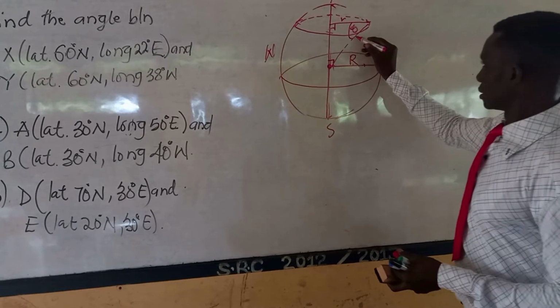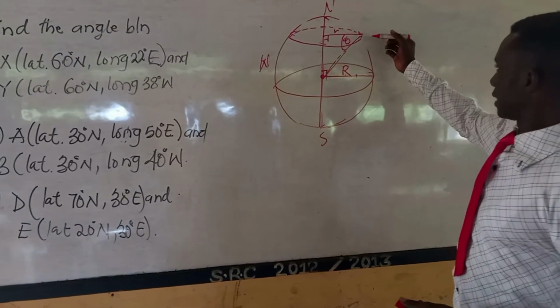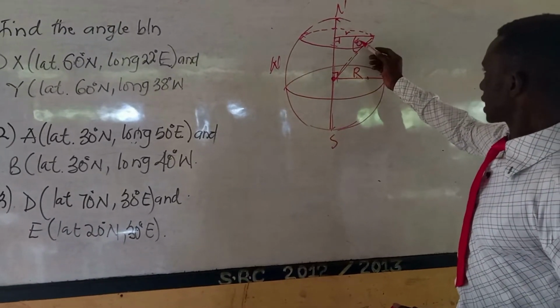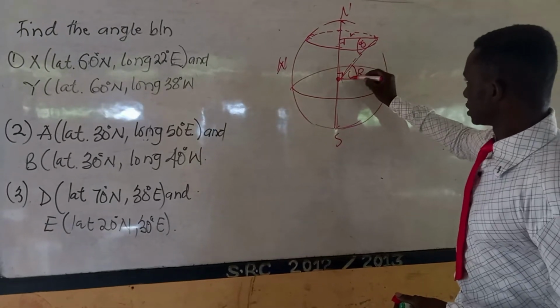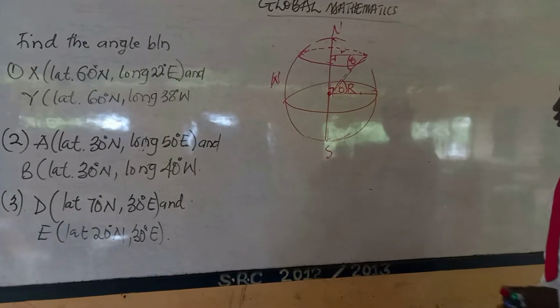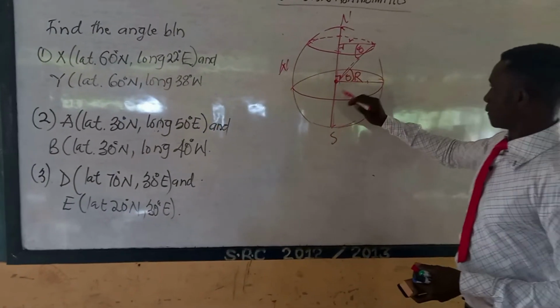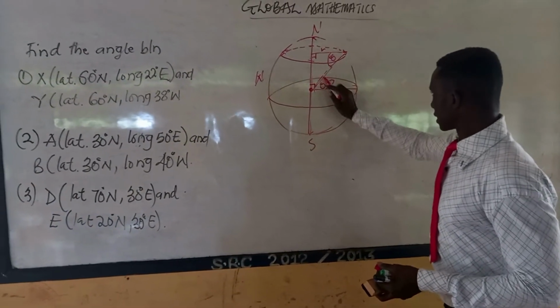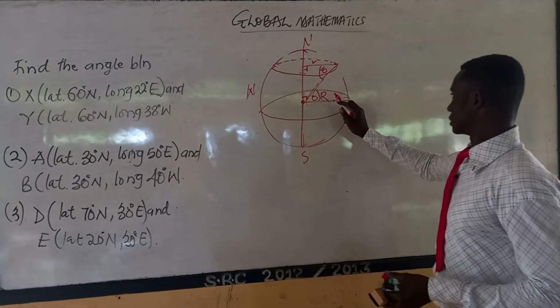It is clear that this angle alternates with this angle theta, because this line is parallel to this line. So if, for example, you know this angle, it alternates to this angle.